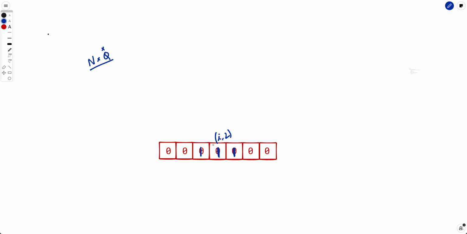So what we can simply do, whenever we are updating something, we will first figure out what was its contribution before. So previously, when this was j and this was j plus 1, this pair contributed 1 to the answer, right?